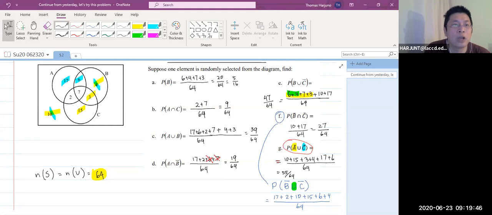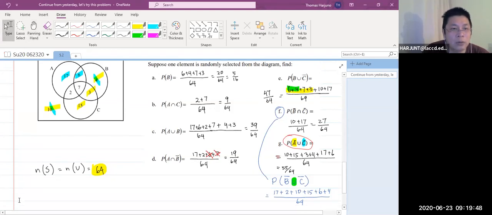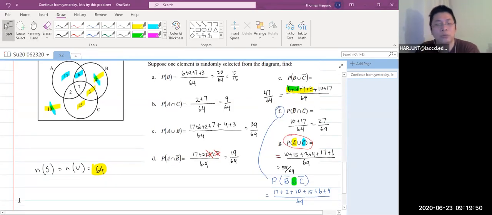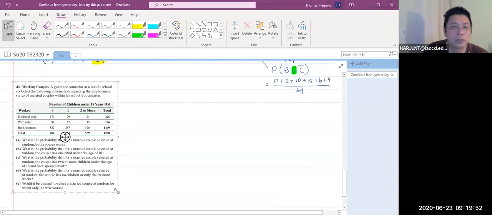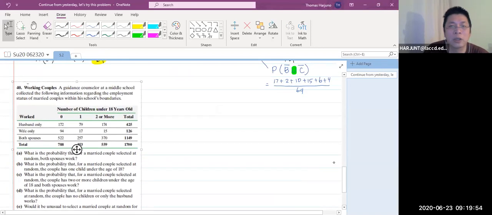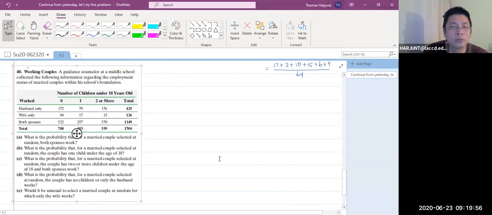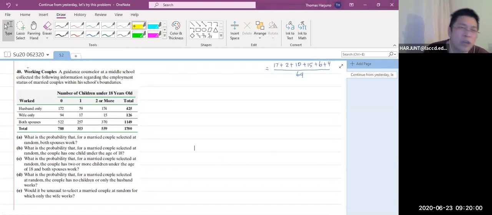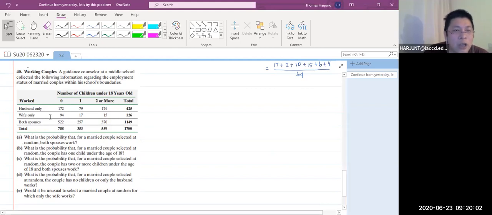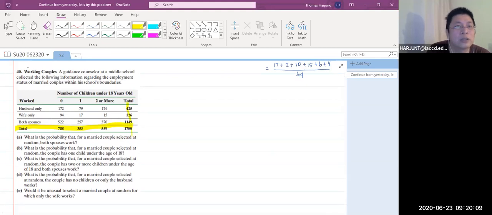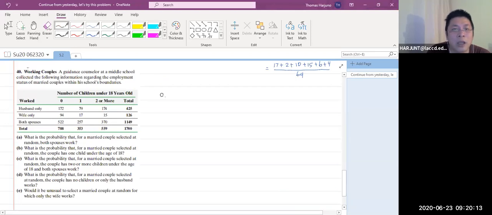Okay, now once you're done with copying that down, let me ask you to do this problem. Question number 40 in your textbook. You can skip part A and B. They already give you the summation, so they already give you this sum here and then this sum here, which is very nice, it helps you a lot. You can answer part A and B quite easily.